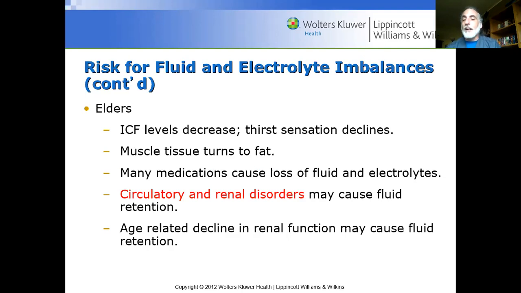Normal age-related decline in renal function is something we have to consider. A patient who is in their 20s and in perfect health does not carry the same fluid and electrolyte imbalance risks that a patient in their 80s with several health conditions runs.